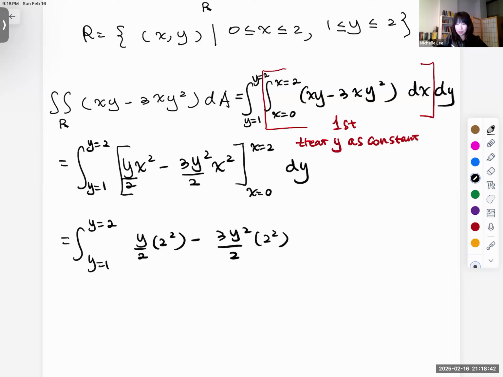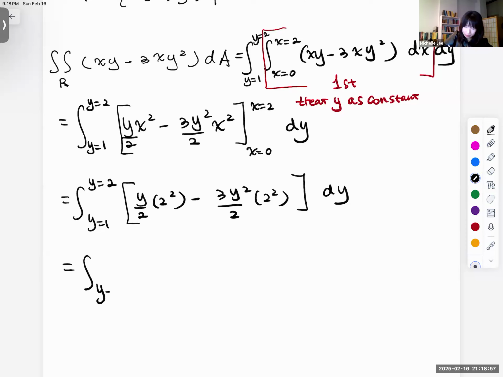And then I can just omit when x equal to 0, right? Because it's 0. All right, then let's just simplify. So we get 2, right? So we will have 2y minus 6y squared dy.